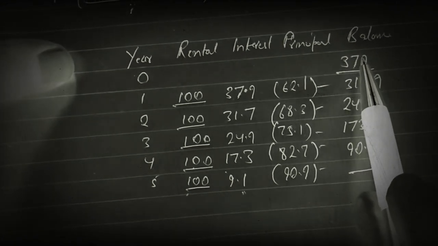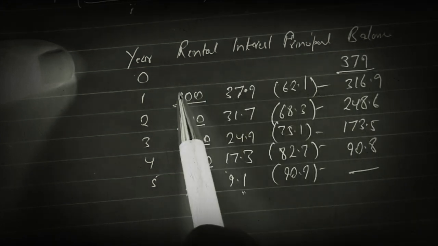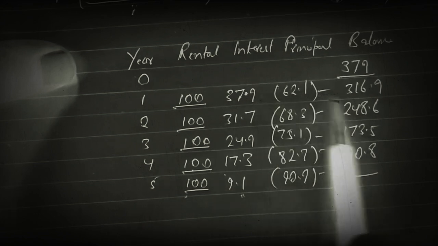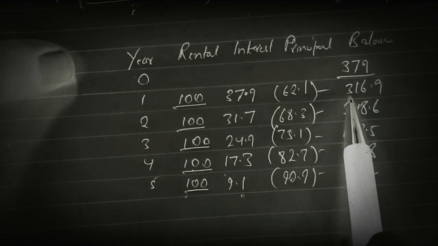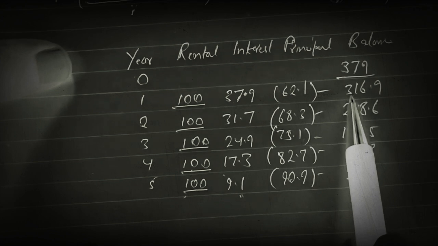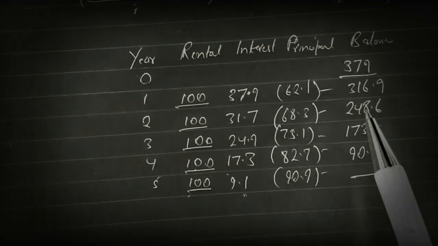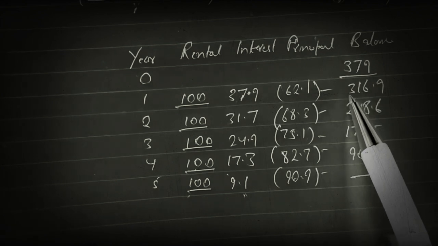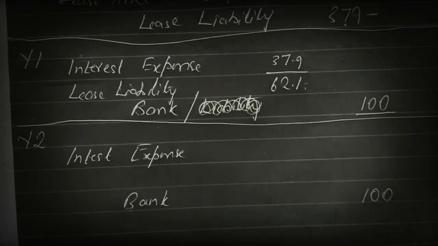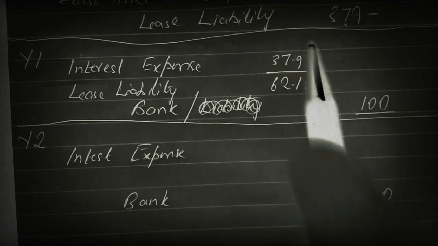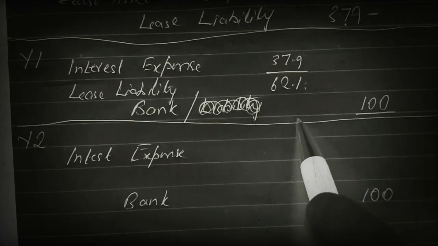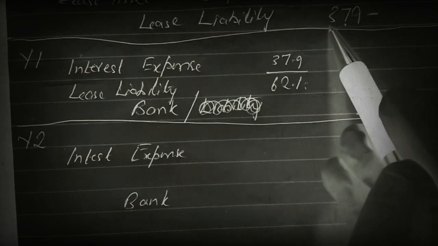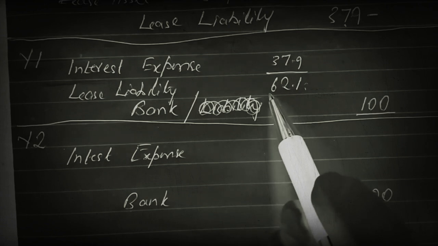The initial balance was $379, but because we had paid $100, the principal had been repaid by $62.1. So the remaining amount would be $316.9. So the balance, the liability, the amount that we owe to the lessor at the end of the first year was $316.9, because in the account of the liability, 379 was credited and 62.1 was debited.